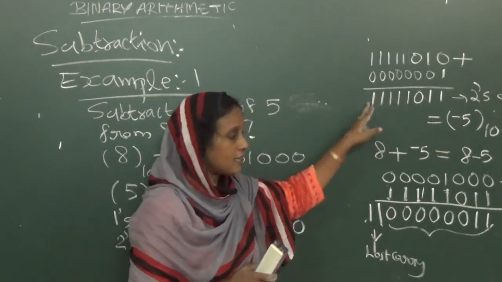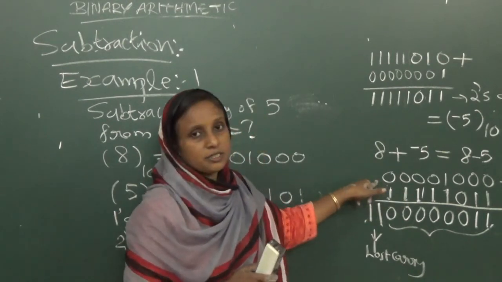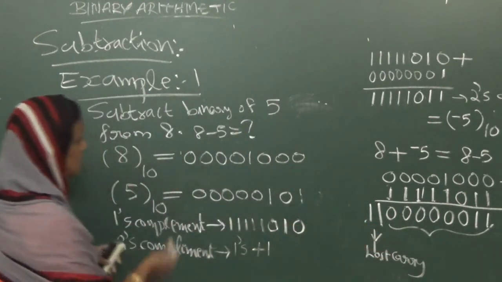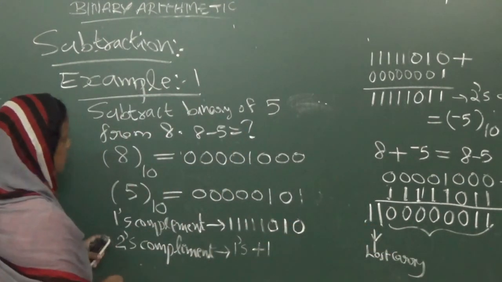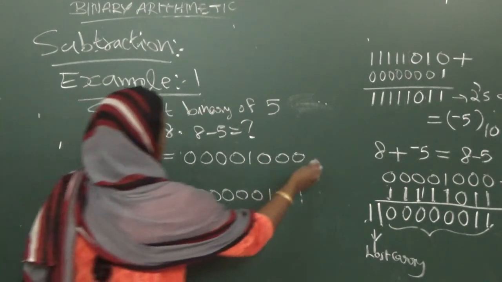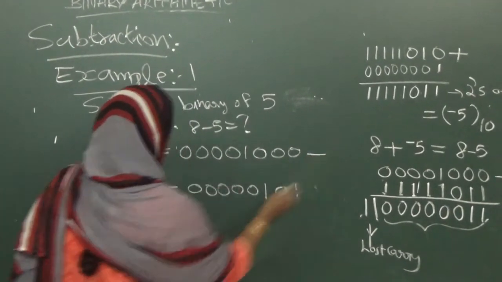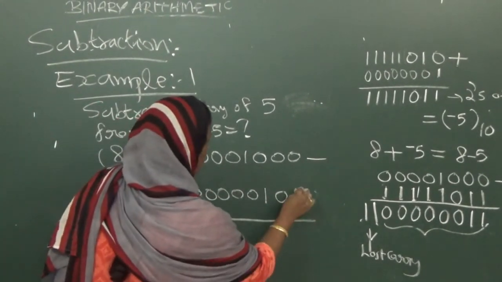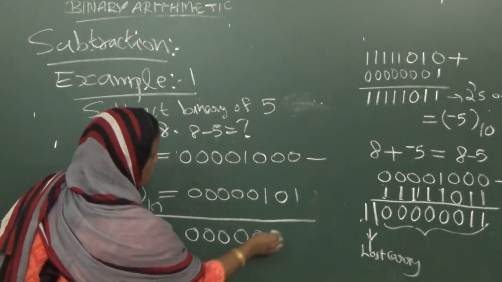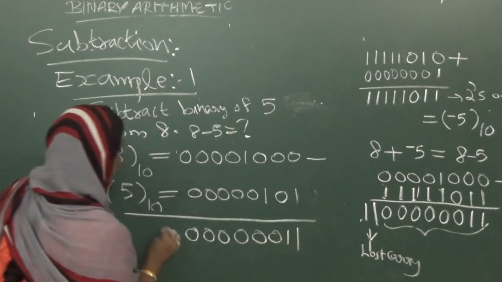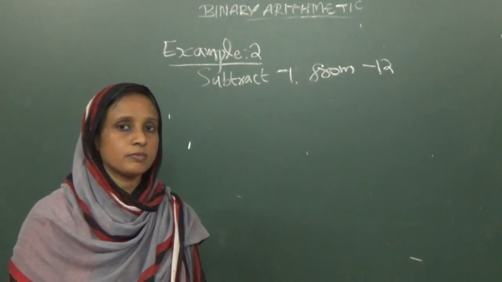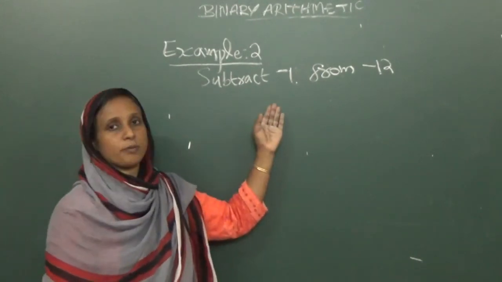So you have to add minus 5 to 8. This gives you the result like this: 8 minus 5 gives you 0, 0, 0, 0, 0, 0, 1, 1 with a lost carry. This carry is not part of the result.